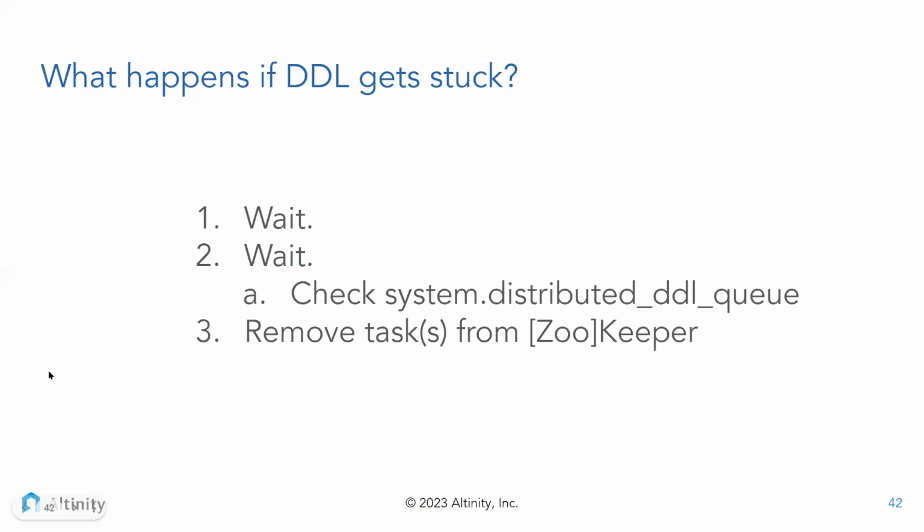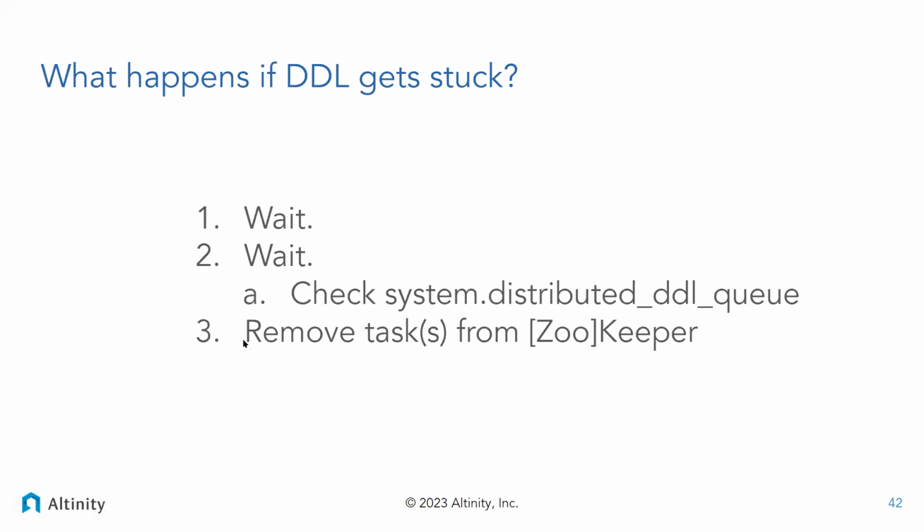And that brings up a final place where bad things can happen. What if DDL gets stuck? Well, you wait. Messing with this unnecessarily is usually not a good idea. So you maybe wait a little bit more. You can also check the system.distributed_ddl_queue.